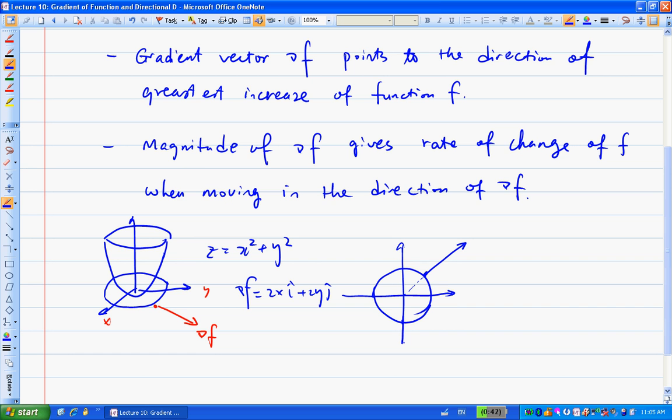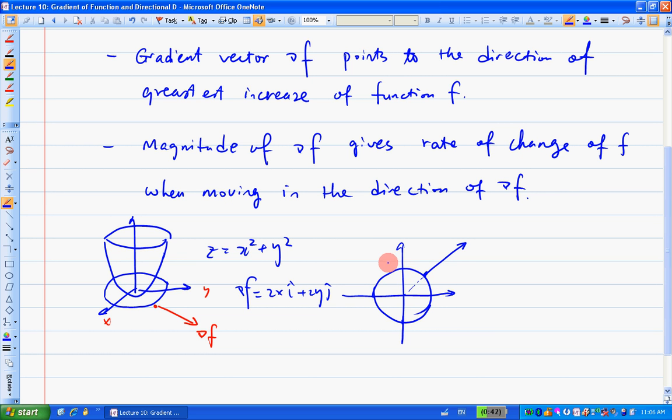Now, one of the relationships you can see is that it doesn't matter which point you take, this gradient vector is perpendicular to this level curve, or contour. Why is that? Well, this is a circle.